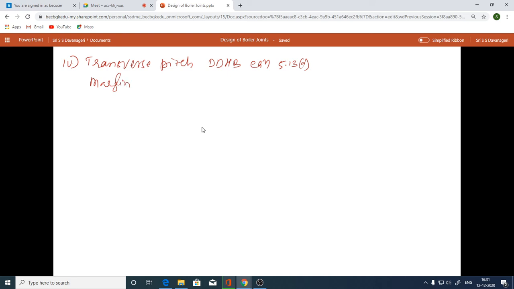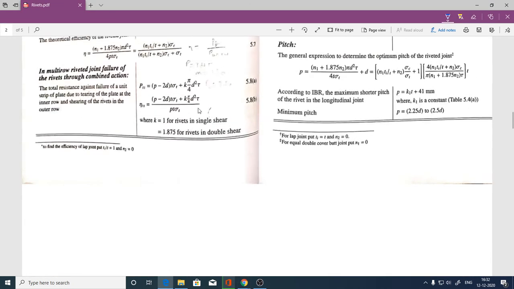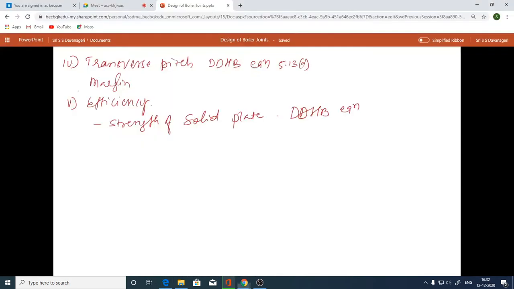Once you have done all these things, next you need to go for calculation of efficiency. So how are you going to get the efficiency? First you need to find out strength of solid plate. Refer design data handbook, notify equation 5.6a.